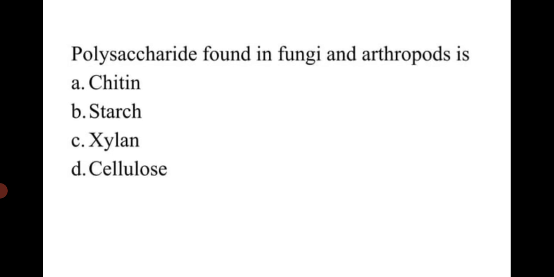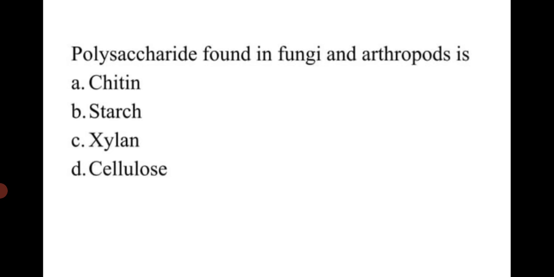Starch is not found in fungi, it is found in plants. Xylan is a major component of plant hemicellulose. After cellulose, it is the most abundant renewable polysaccharide in nature.